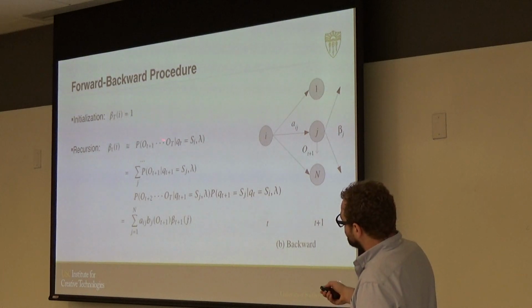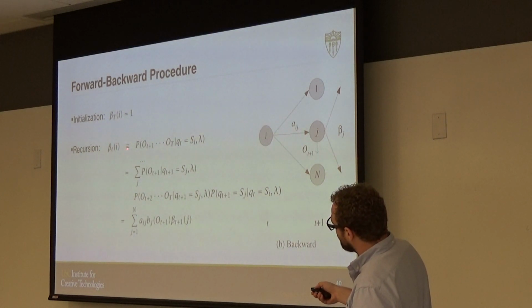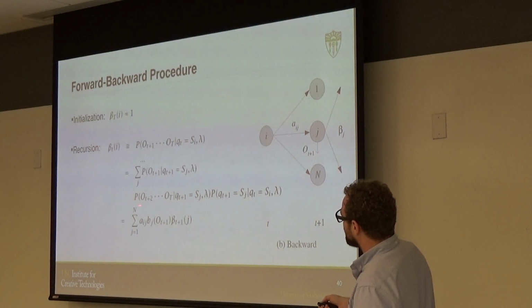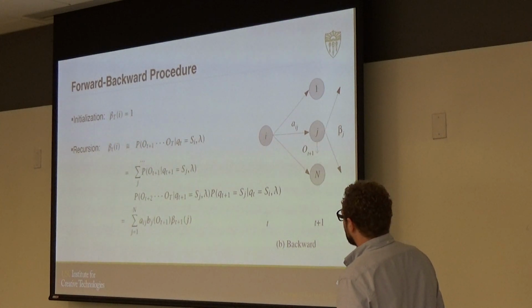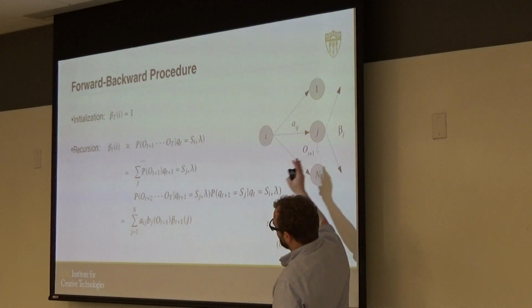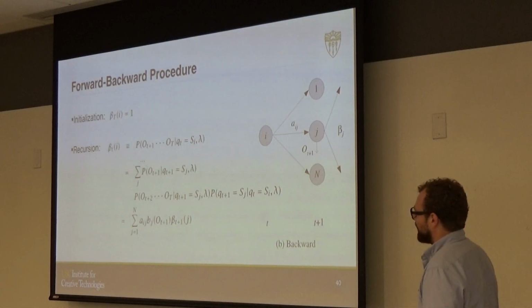And then for beta t, we can calculate this through the sum over all the transitions and the observations in each of those transitions, and then multiplying this by beta. So this is basically moving backwards through the graph.